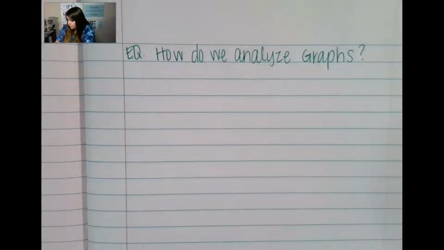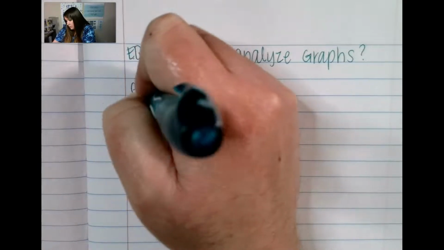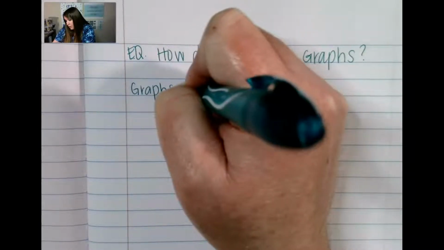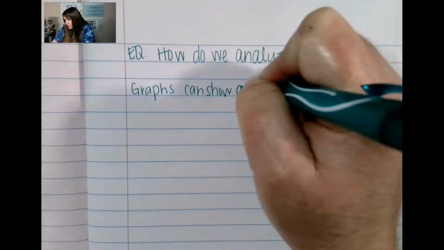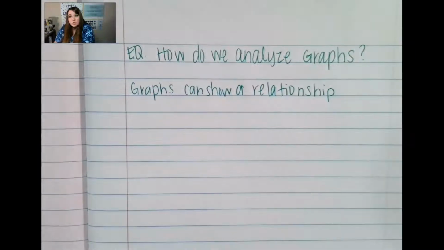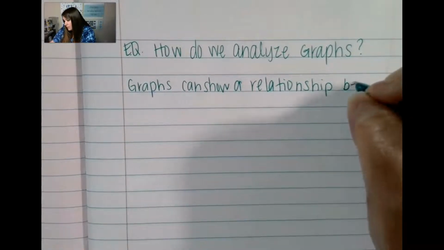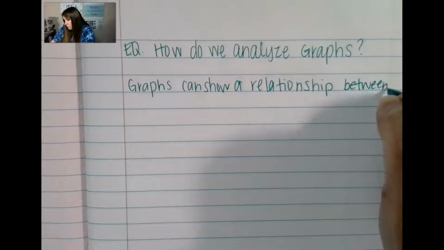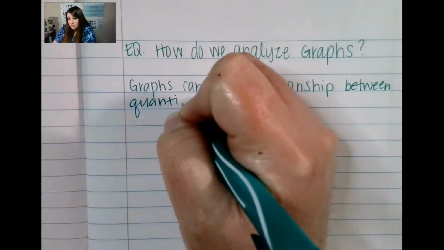So when we're analyzing graphs, we are looking for the relationship that's being shown. So graphs can show a relationship, which is what we've been looking at. But this relationship that we're seeing is a relationship between quantities, so like amounts.